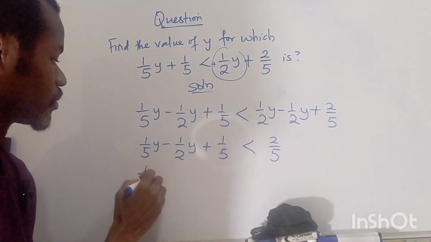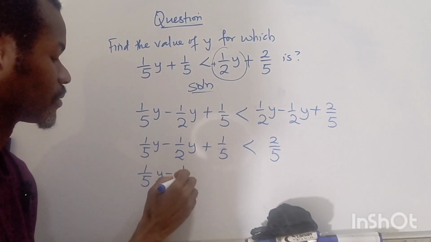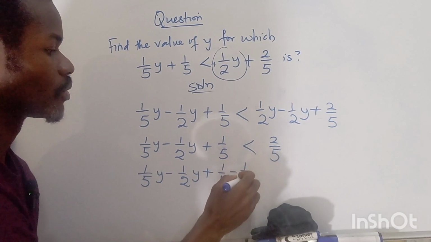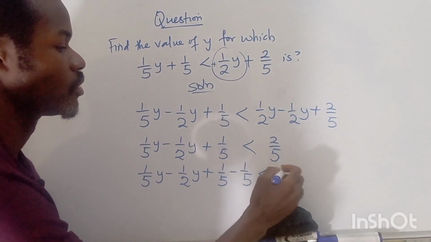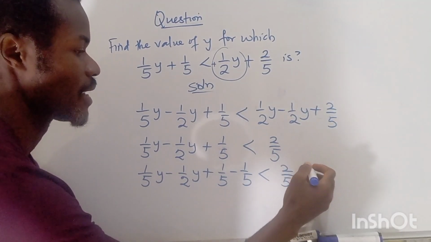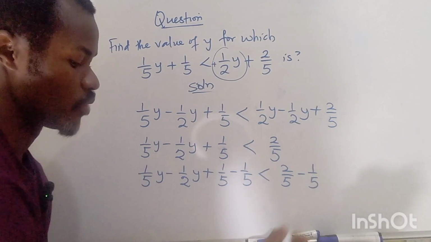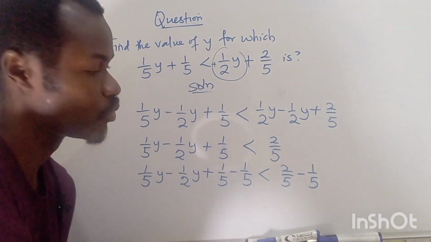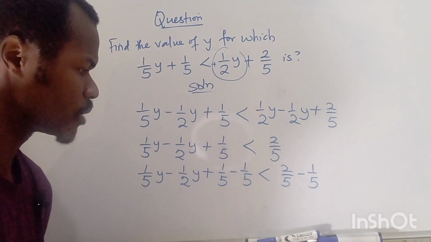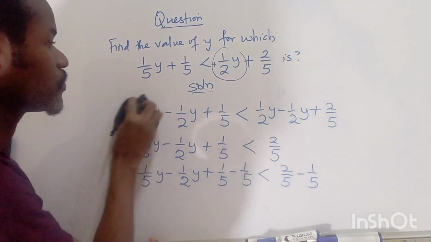So we're going to have 1 over 5y minus half y plus 1 over 5. We are going to subtract this, and we're also going to subtract it from the right hand side. So we have our expression as this. Now that we have our expression as this, this becomes what? 0.